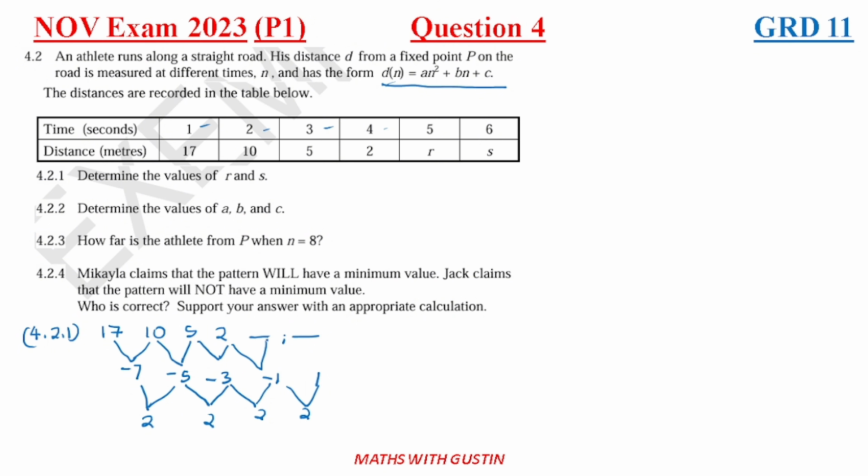The difference needs to be -1, so it is going to be 2 plus that, which is just 1. And also the difference between the numbers here needs to be 2, because 2 minus 1 will give us 1 there. So therefore it means now r is equal to 1 and s is equal to 2.